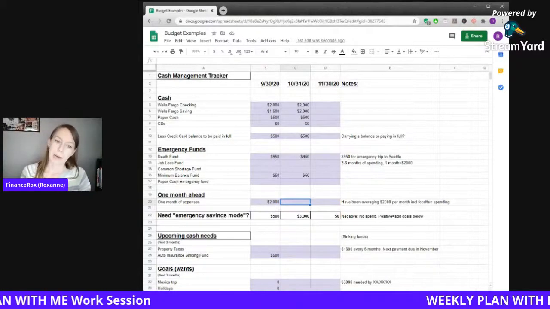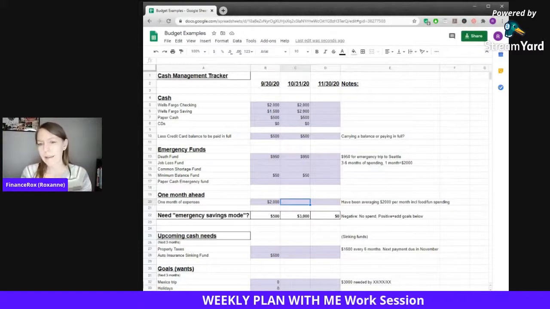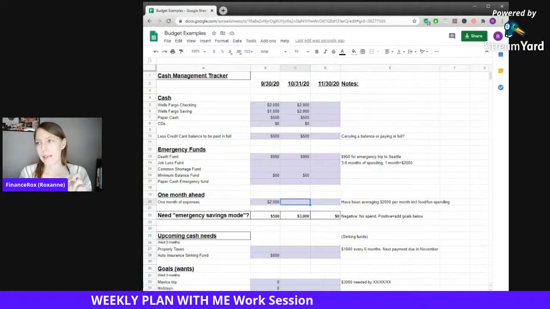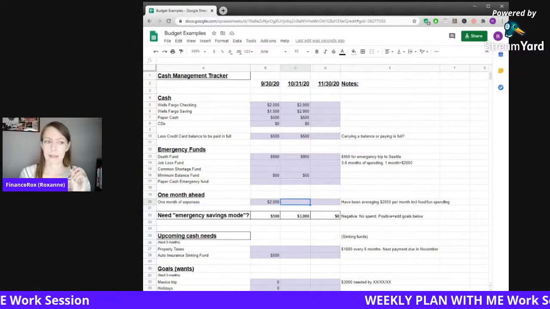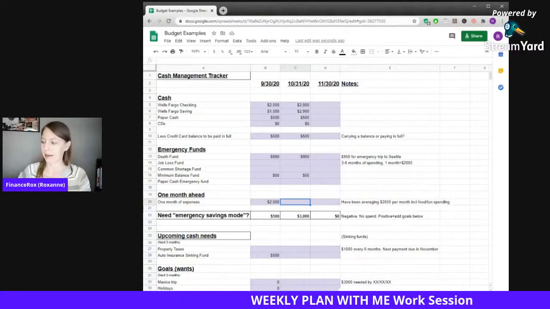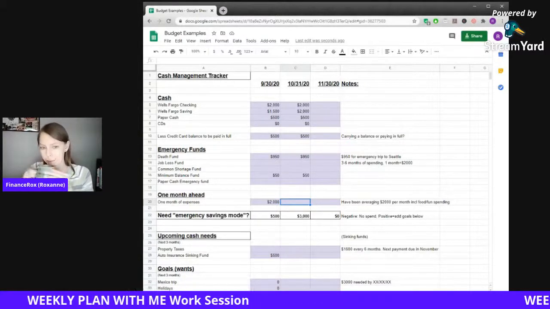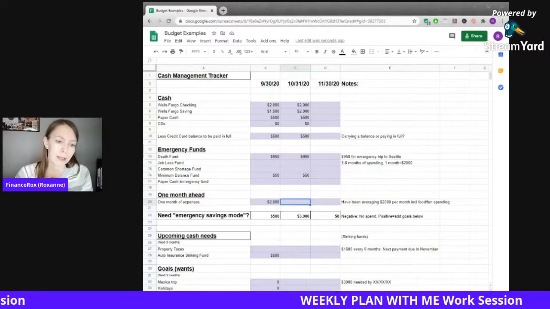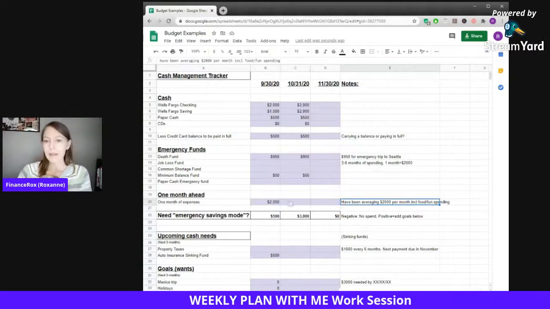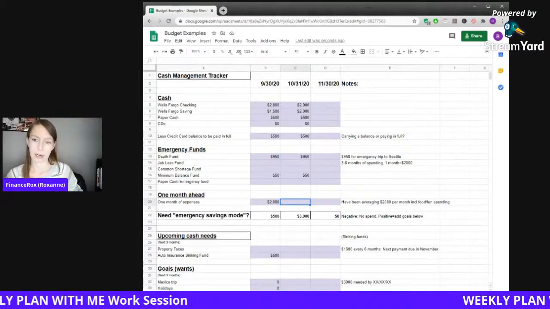Therefore, you would add in here whatever 1 month of expenses is. I've seen some people do this and they just use their fixed expenses, so that's just their rent and basics, not including food and fun spending. But I do like to use my legitimate average spending, including those.